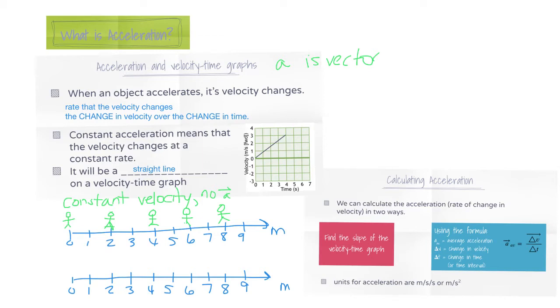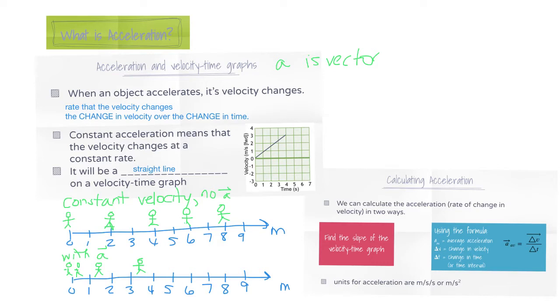So this one down here will be with acceleration. Let's say they start out very slow, so they only go half a meter to start, and then the next second they go a full meter, and then the next second they go 2 meters, so they'll go from 1.5 to 3.5, and then the next second they go even faster, so they cover more than 2 meters.